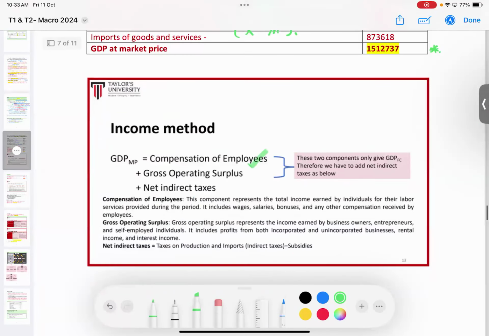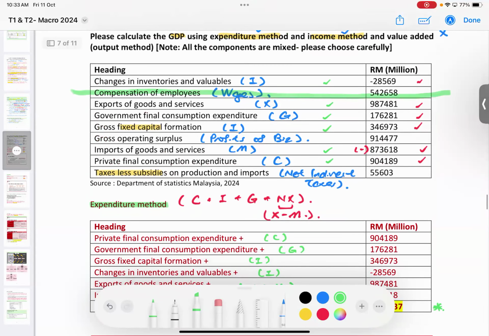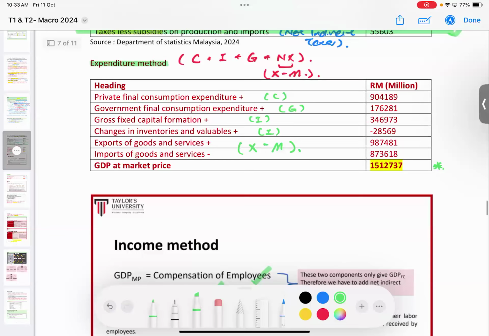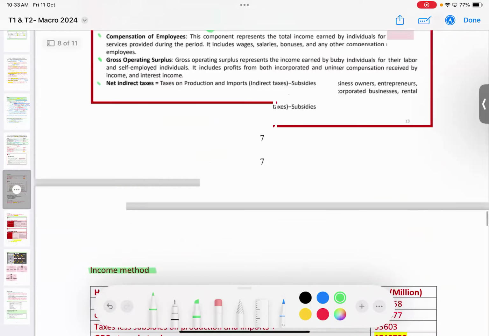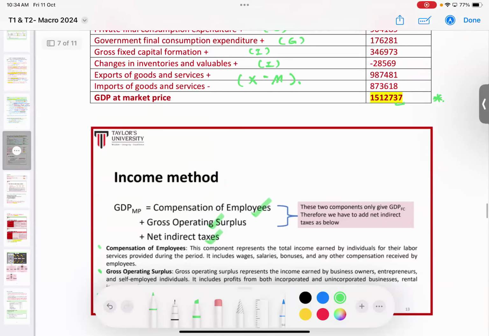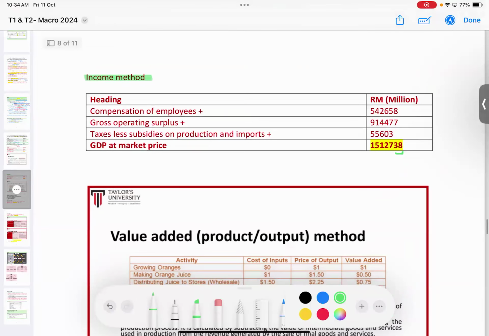Wages plus gross operating surplus plus net indirect taxes. These three, you add them up and you get the answers. Just a slight difference here, because one is 7 and one is 8, minor discrepancy, that's fine. So this is the answer.